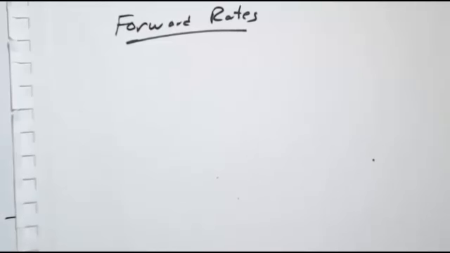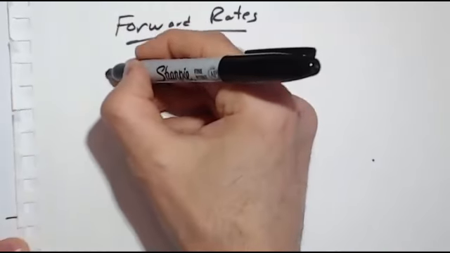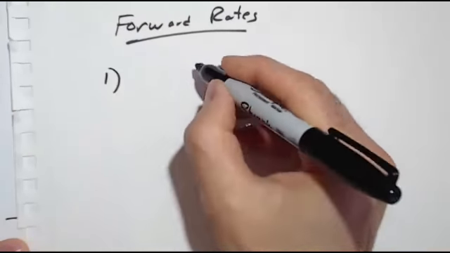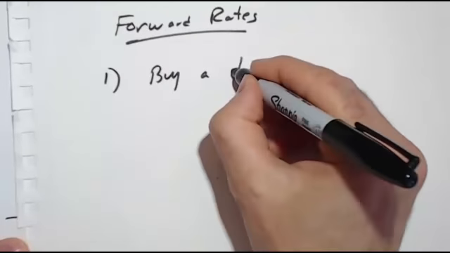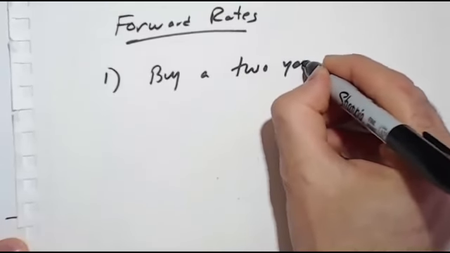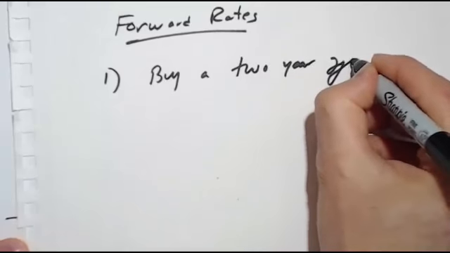Okay, let's assume away for the moment that there's no risk in the world, no interest rate risk out there, and that we're facing two possible strategies. One, you can buy a 2-year zero.